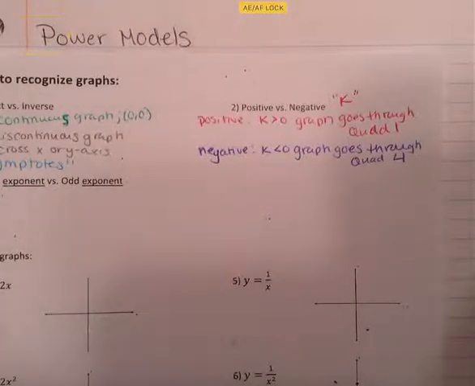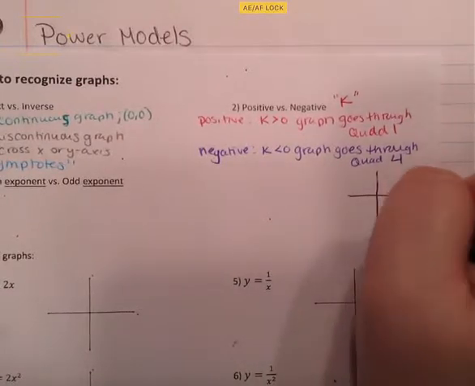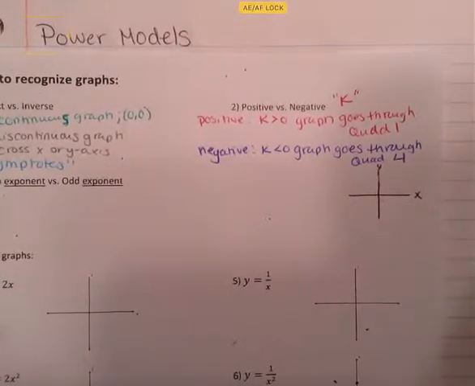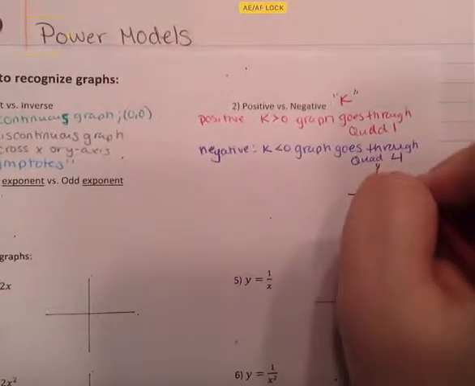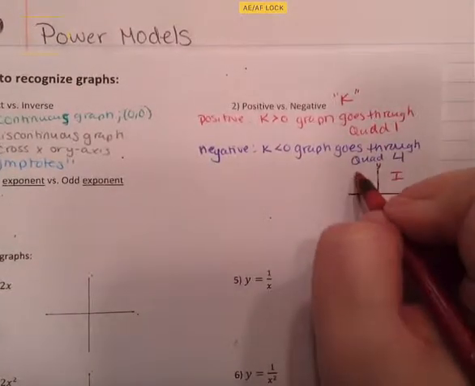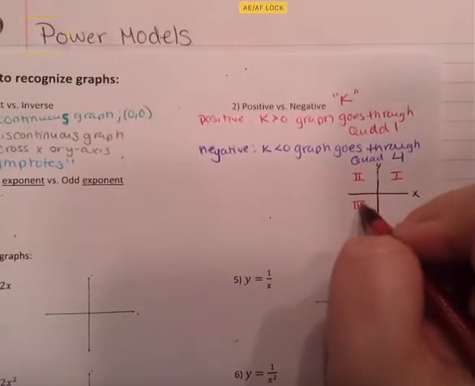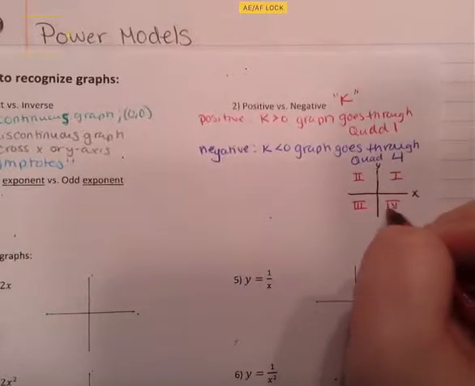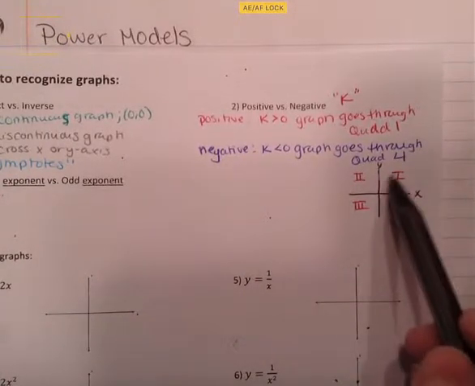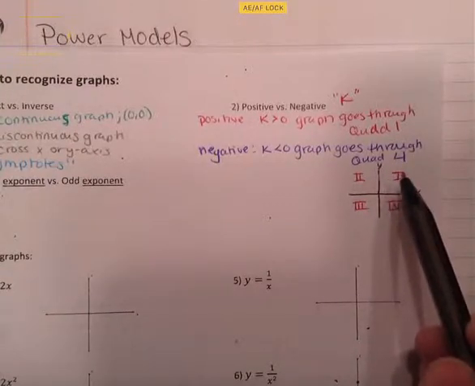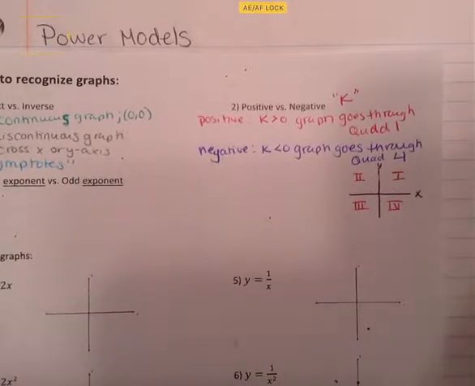Just as a reminder, on the x and y coordinate plane, quadrant 1 is the top right, quadrant 2 is the top left, then 3, and then 4. If your graph is positive, it goes through quadrant 1. If it's negative, it goes through quadrant 4 because it's reflected over the x-axis.